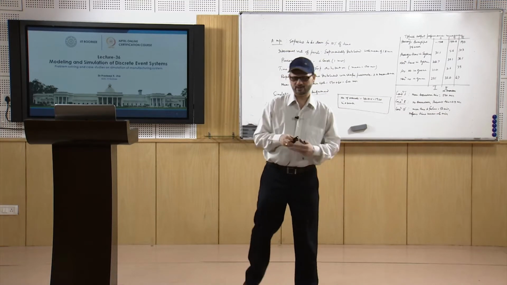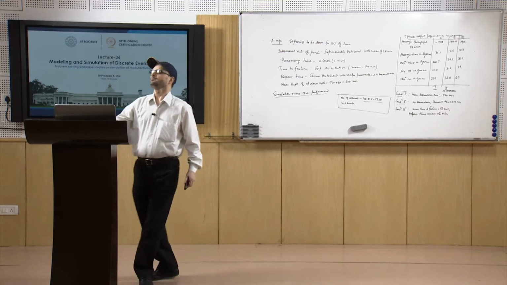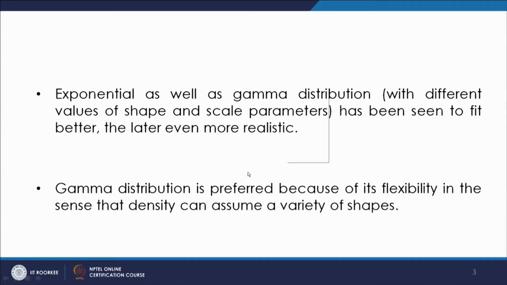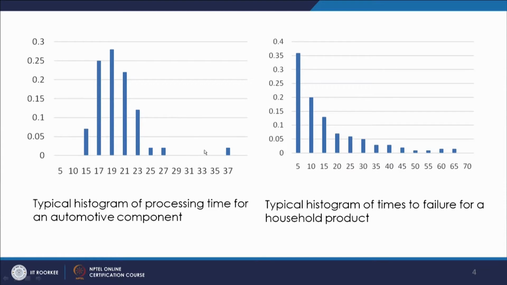So, this is the typical histogram for the processing time of an automotive component, and this is the histogram of time to failure for a household product.